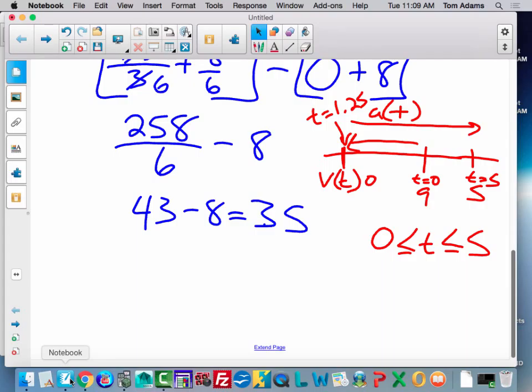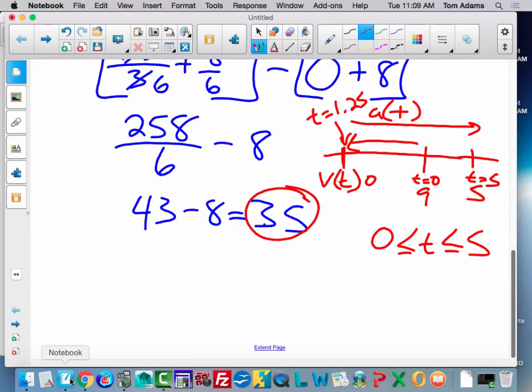So the total distance that it traveled, so this is not the total distance that it traveled. That's the final position. Okay? The distance that it traveled is, it started at 9, and it ends up at 35.